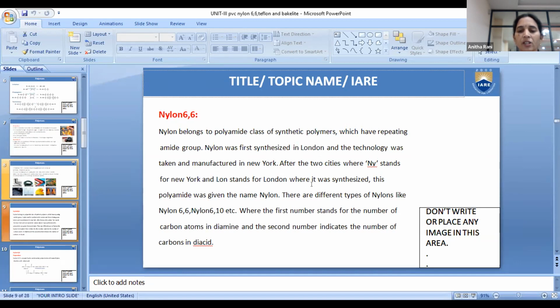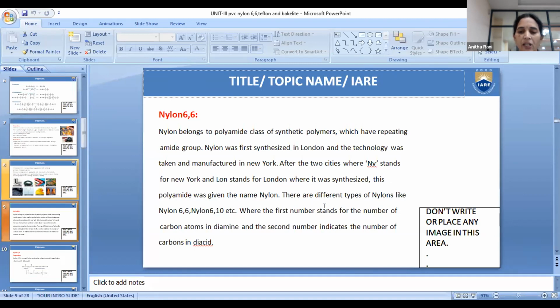So this polyamide was given the name nylon.